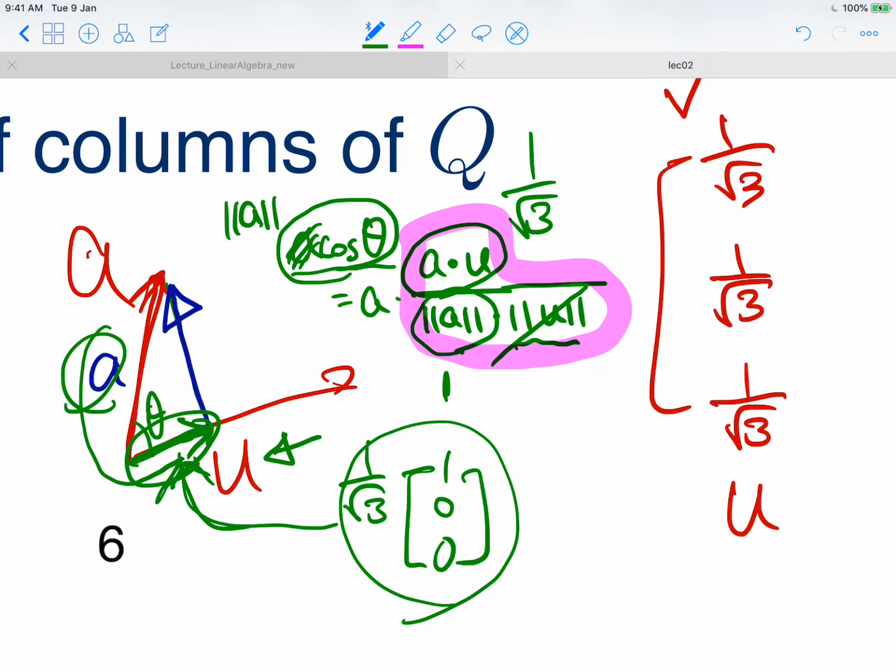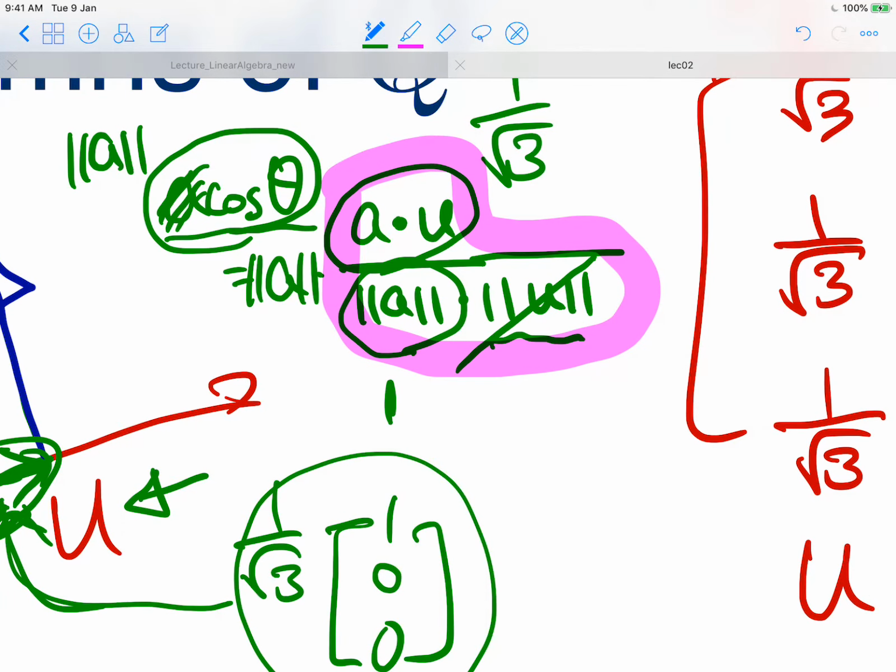And even though the length of A is 1 in this particular case, we don't actually need to compute the length of A, because they will always cancel out.